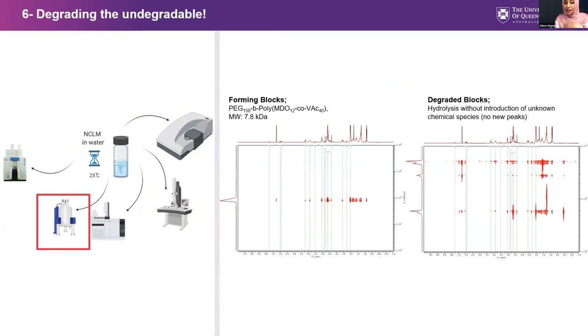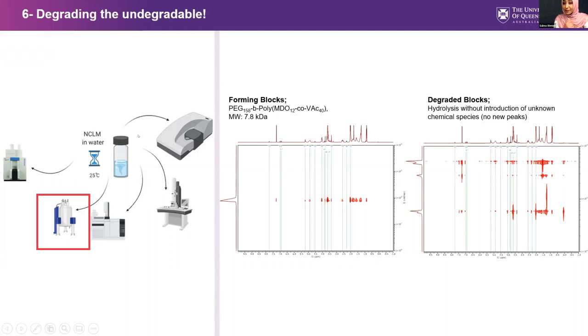This is after taking a sample of nanoparticles, freeze drying them, and then dissolving the polymers in chloroform. In the 2D DOSY NMR, we found several peaks, several strands of polymers, compared to only one for the forming blocks, which means we actually have degradation. And all of these diffuse less than this one, which means that they are lighter, smaller entities.